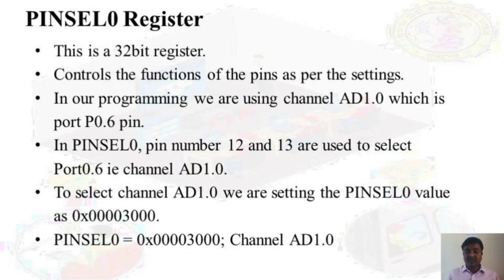As we have seen, we have 2 inbuilt 10-bit ADCs; ADC0 has 6 channels and ADC1 has 8 channels. Out of the 8 channels we are using AD1.0. To select this channel, we use port 0.6, with PINSEL0 bits 12 and 13.